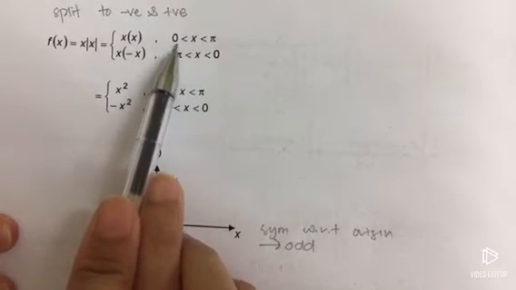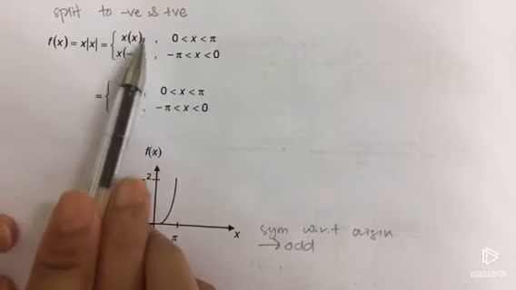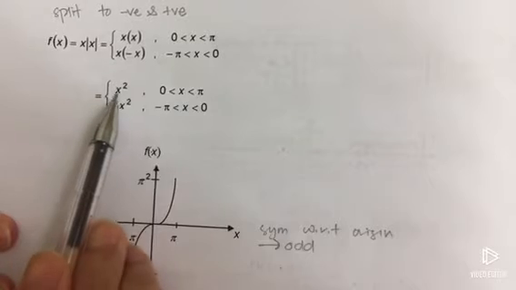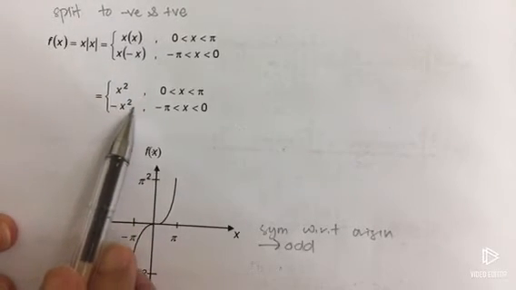So we split into 0 to infinity and negative infinity to 0. Okay, from here we expand. X times positive x, we get x squared. X times negative x, we get negative x squared.